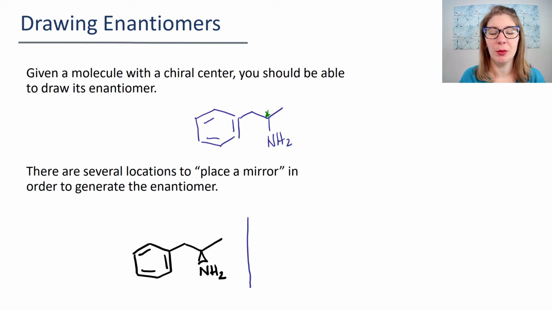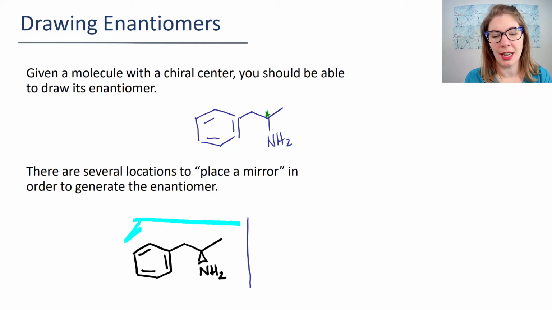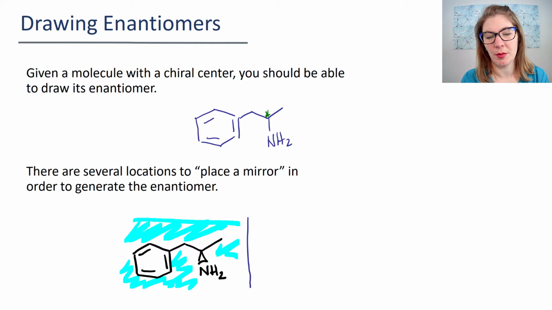So where I've drawn this blue line, there could be a mirror there. This one's hard to draw, so I'm going to draw it in highlighted blue, but you can have a mirror kind of behind the compound.